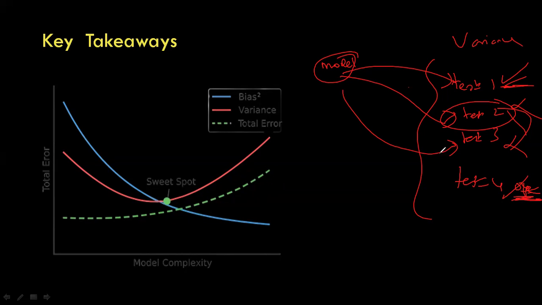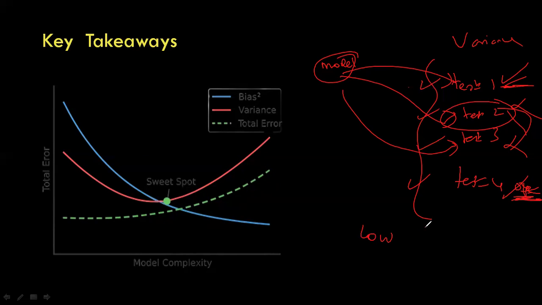It should be consistent across all the test data sets. Your error should be less. Lesser the error, higher the accuracy. For example, your error is slightly more, but for all four data sets, it is performing consistently.